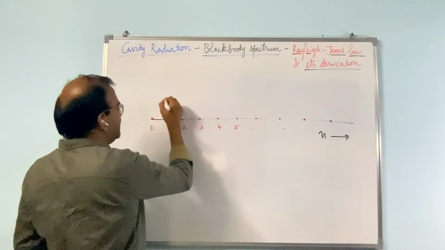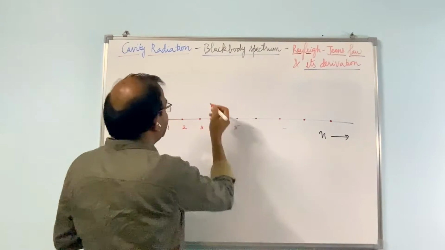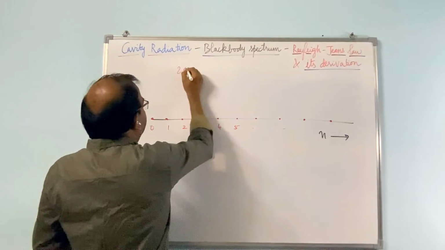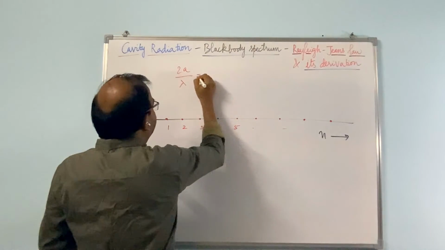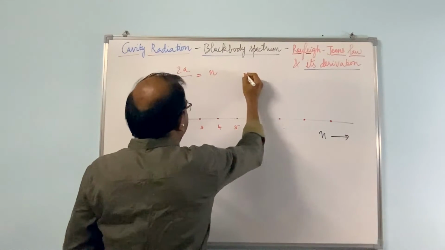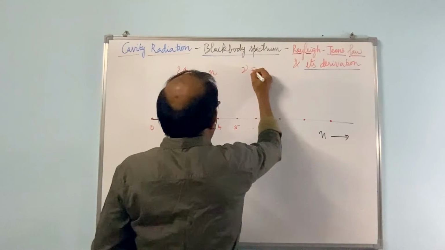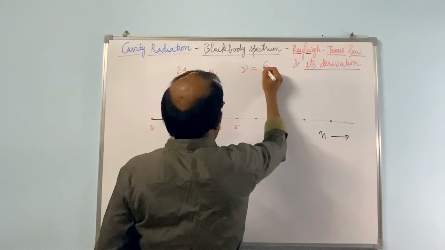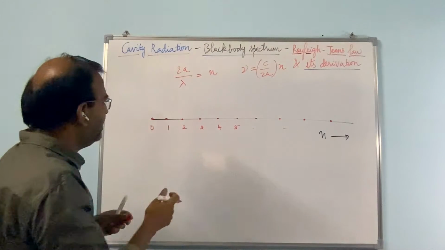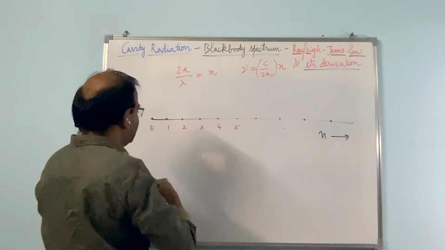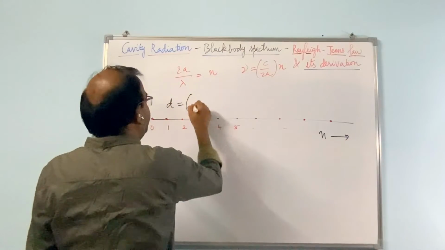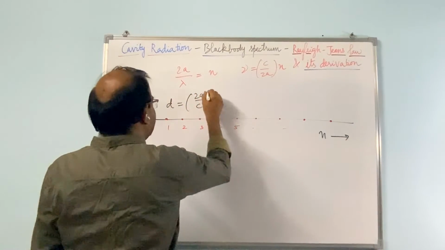And therefore, based on our equation for the wavelength or for the frequency, nu equals c by 2a times n, we can say that on this axis d is equal to 2a by c nu.